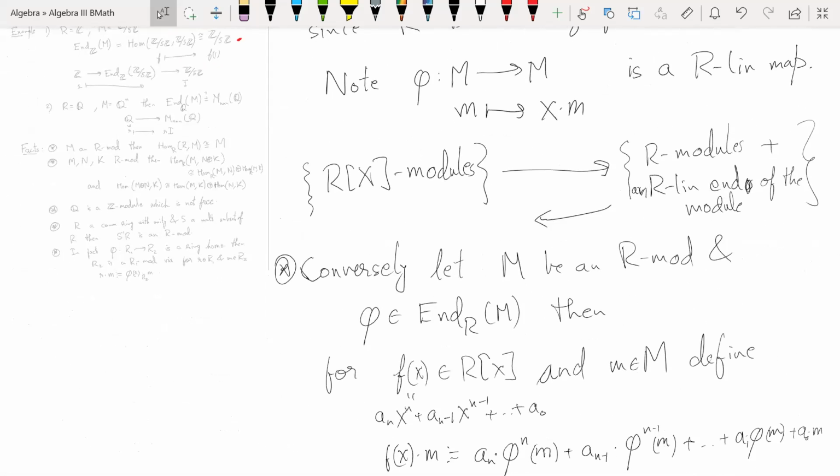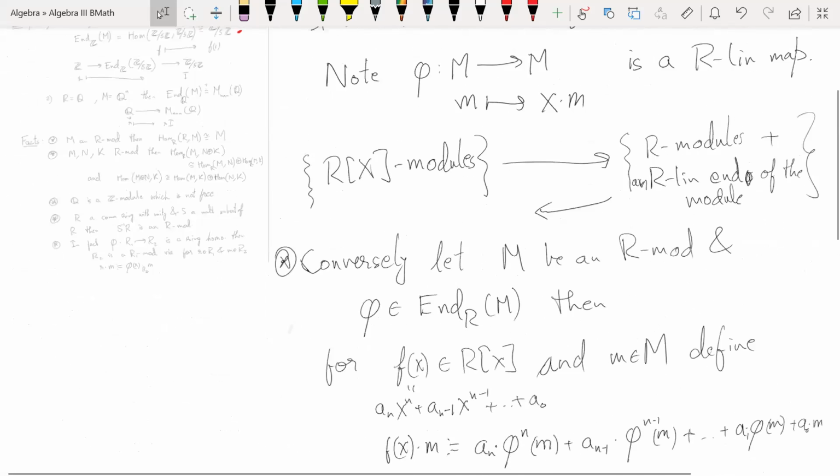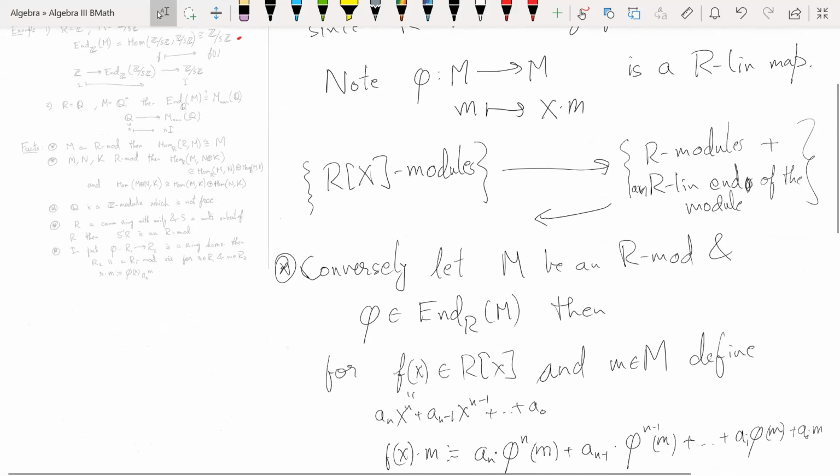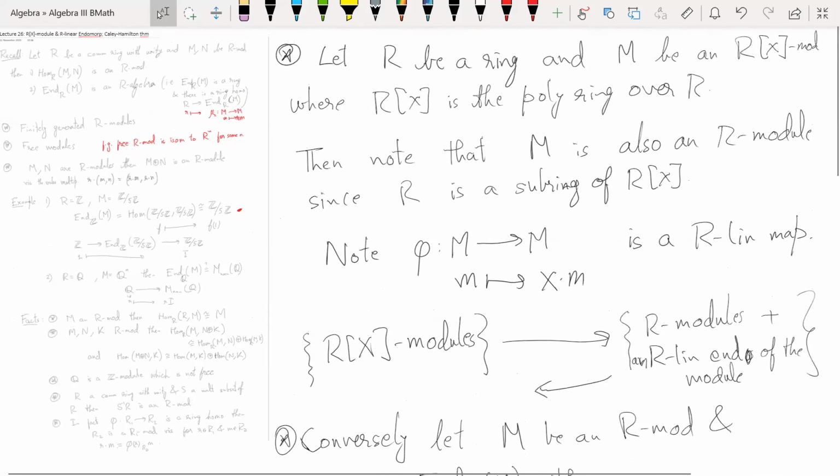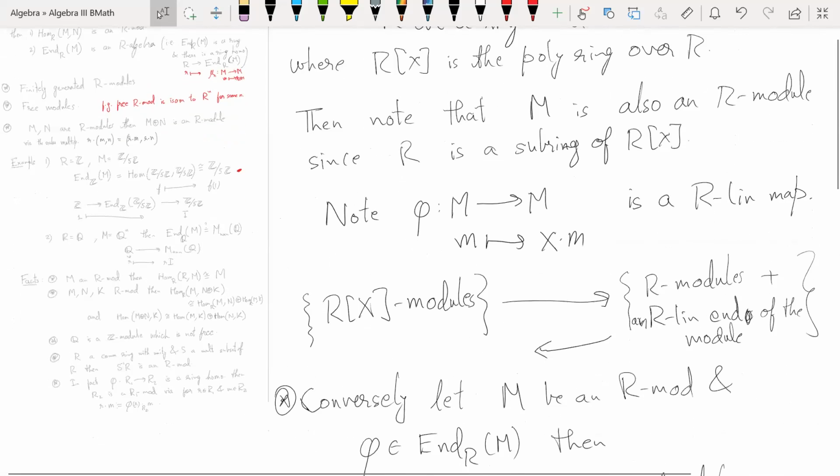So this direction we have more or less done, because let M be an R[x] module, then we get x dot m is this.